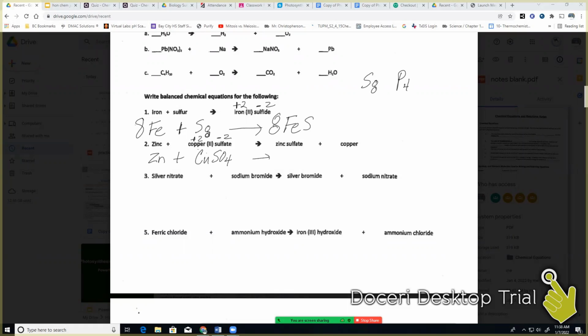And then when I would combine those, the zinc and the copper will switch places and I'll end up with zinc sulfate as a compound now. +2, -2. So once again, equal already as far as canceling each other out. So I would just put them together for my zinc sulfate, and now copper will be floating around in there by itself.